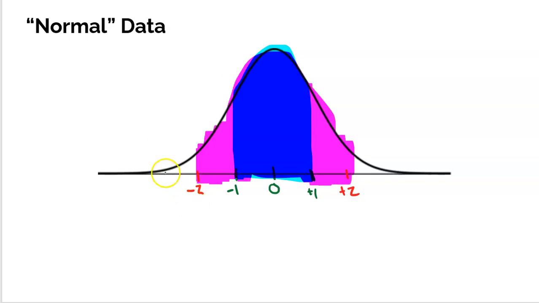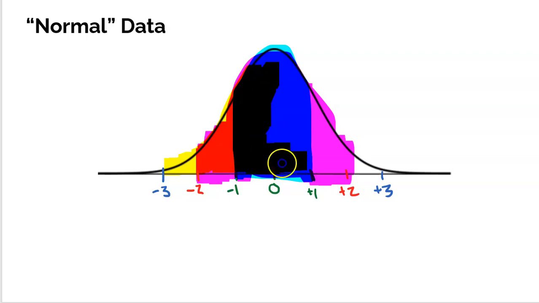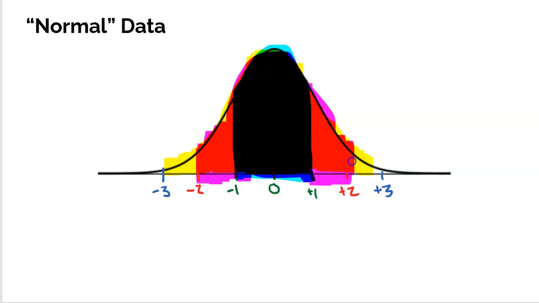And finally, if we go down 3 and up 3 standard deviations, we have captured literally almost all of our data. That's why we say that almost all data is within 3 standard deviations.